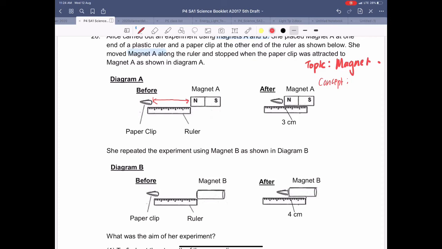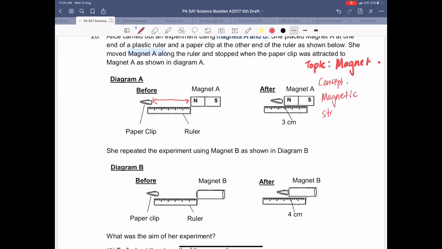So at the back of your mind, you'll be thinking, what are they trying to determine? They've got 2 magnets, they repeated the experiment, and they have a ruler. So in this case, you should get an idea that they're trying to see which magnet has a stronger magnetic force, or magnetic strength.